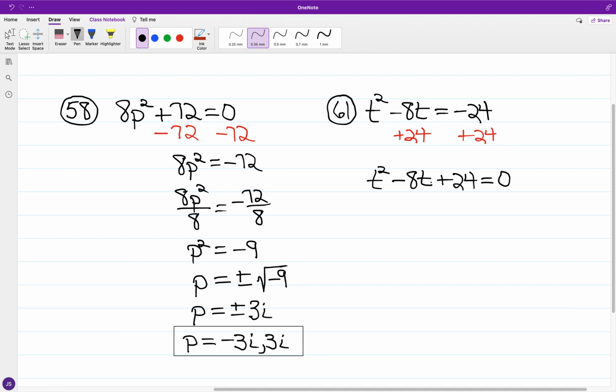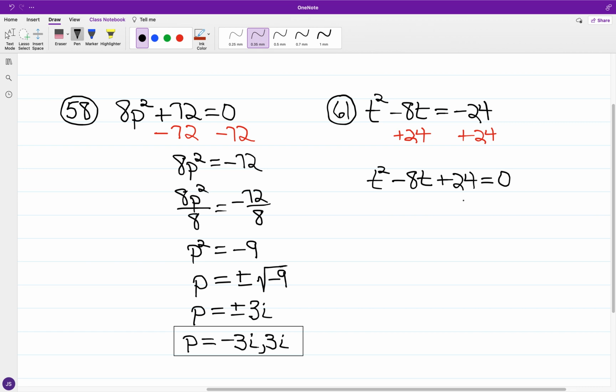And one might try to factor this trinomial into integer coefficients. And if you factor out t squared, you have t times t. But we're going to have a bit of a problematic situation, because if you try to multiply two numbers into 24 and have them simultaneously add to negative 8, we're not going to have this possible. You have combinations like negative 24 times negative 1, that's positive 24, but the sum of those constants would be negative 25.